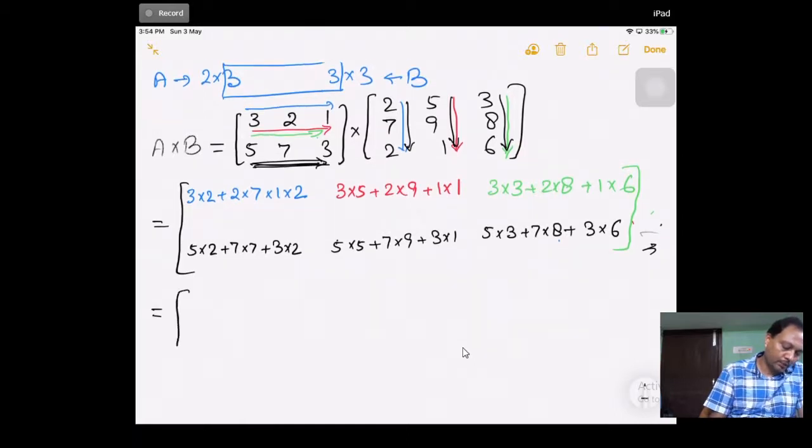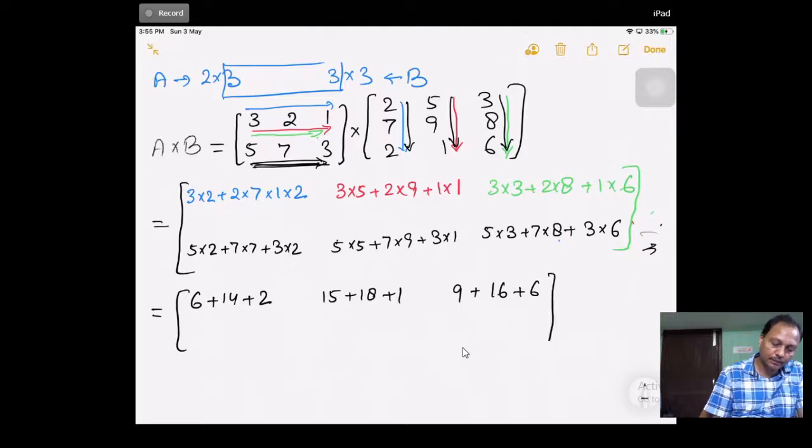Now, by calculation, we can find the products: 6, 14, 2, 15, 18, 1, 9, 16, 6, 10, 49, 6, 25, 63, 3, 15, 56, 18.